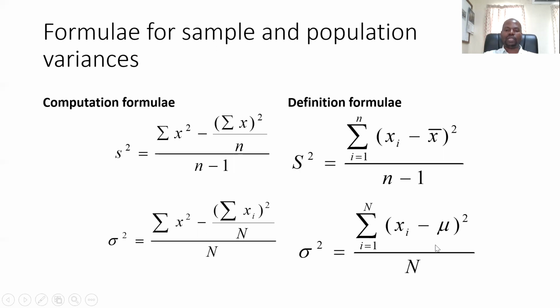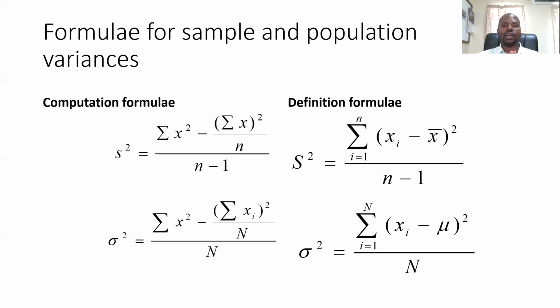Now for a population variance, we should know mu. Mu here is the population mean. So we are already given a population mean. When we are given a population mean, we do not calculate an average.